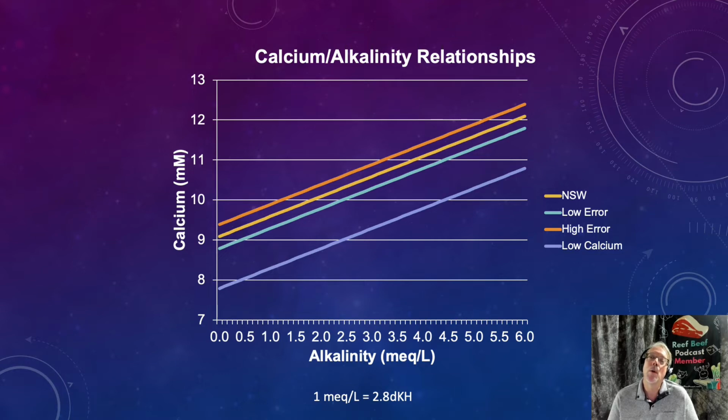So a balanced loss of calcium and alkalinity, or a balanced gain of calcium and alkalinity, slides the system along one of these diagonal lines. And if you're using balanced calcium and alkalinity supplements, unless you do something to change that balance, your system's kind of trapped on one of these lines. It's going to slide up and back and up and back.